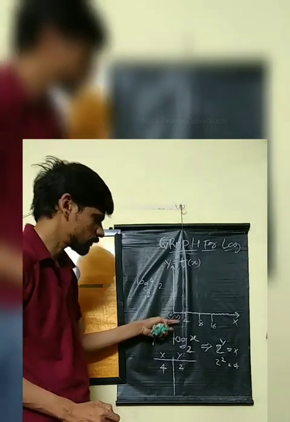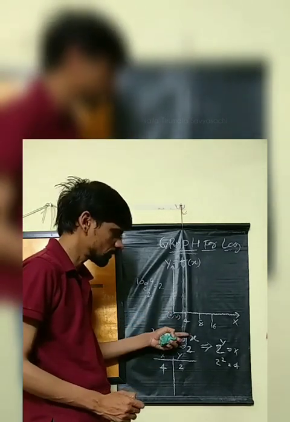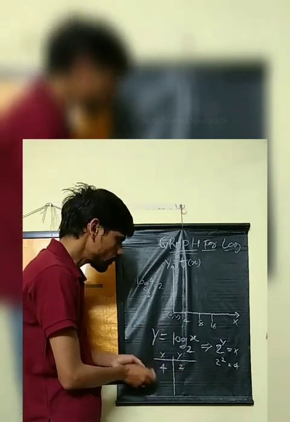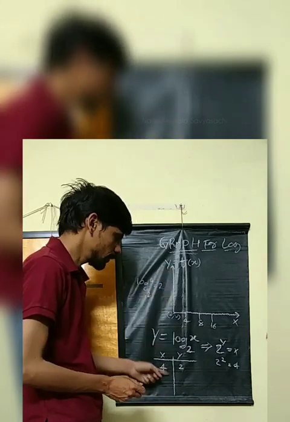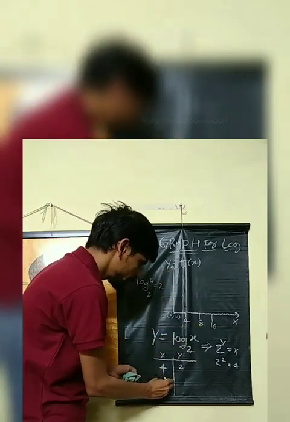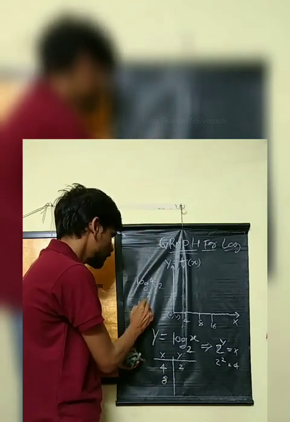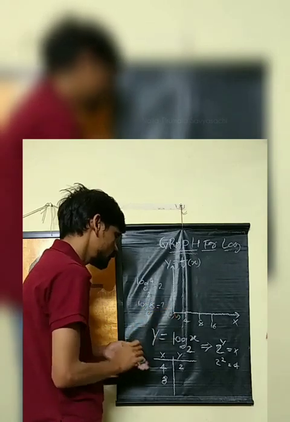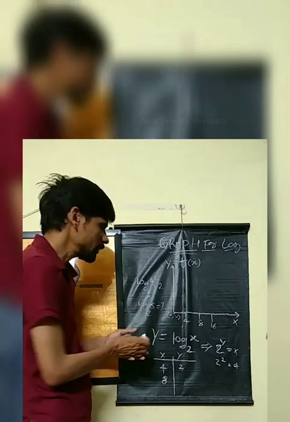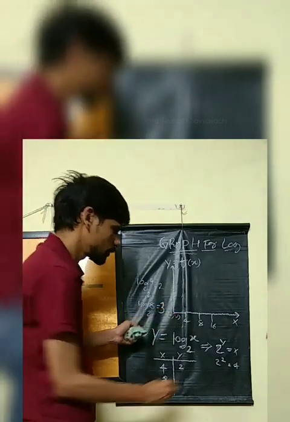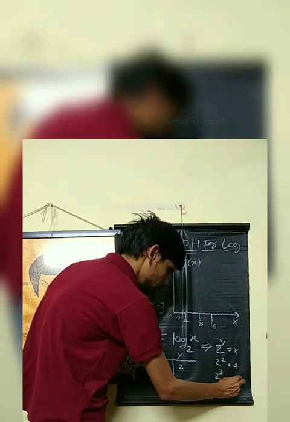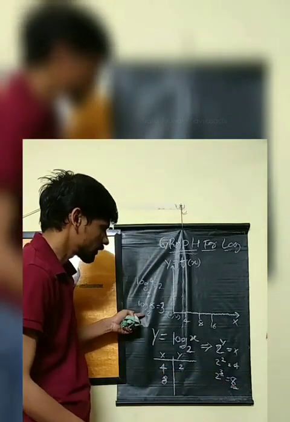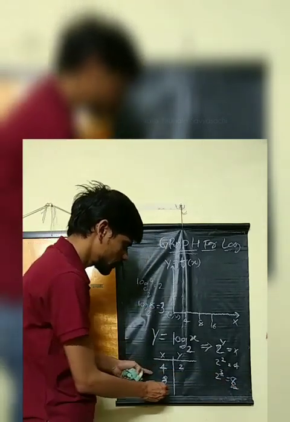So in this case, first I pass x, and based on this x value we calculate the value of y. Now if I pass 8 as x, log base 2 of 8 equals 3, because 2 power 3 equals 8.